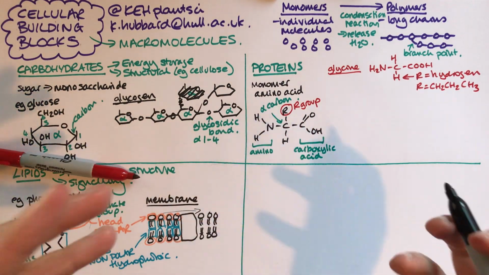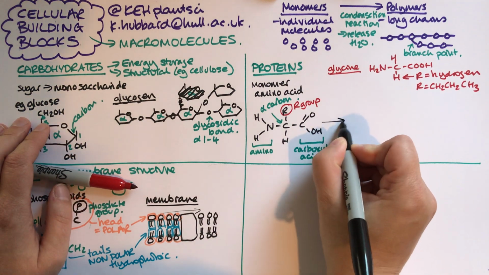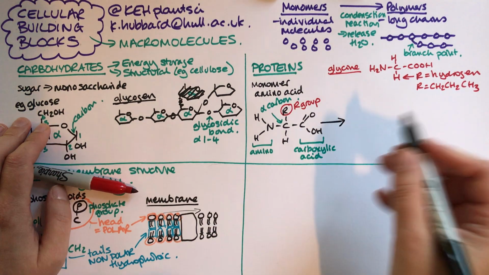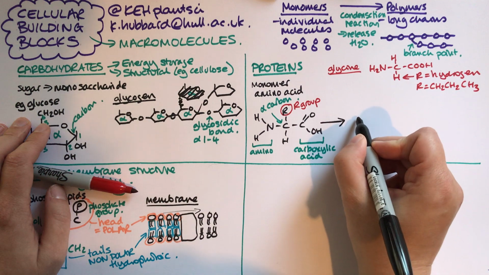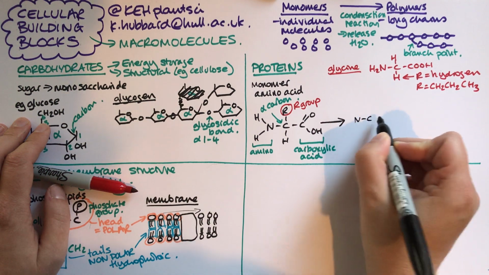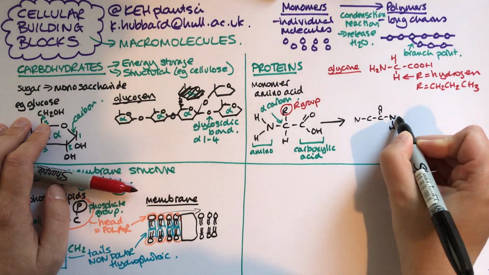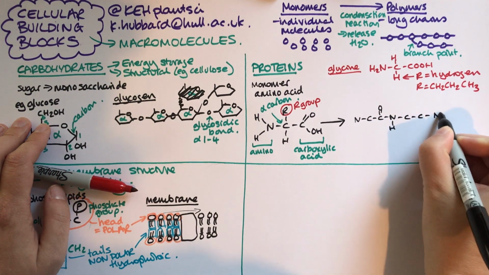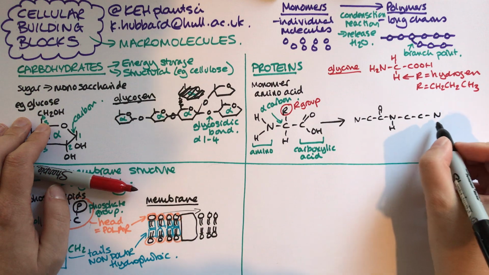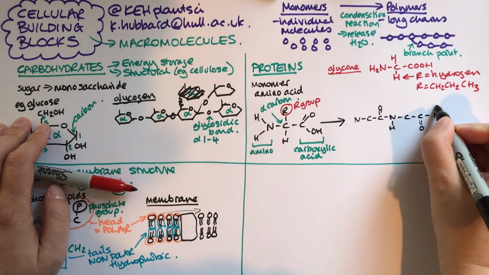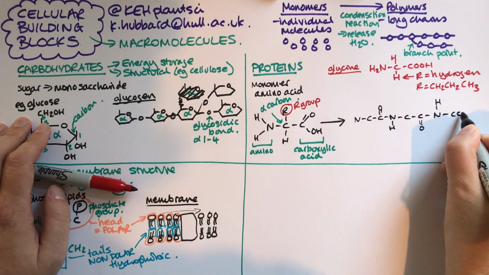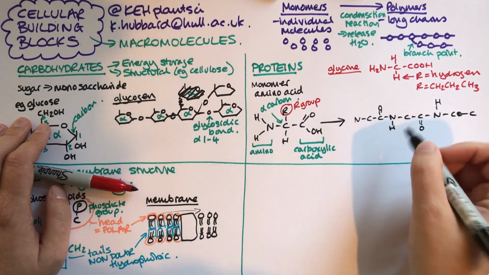These then come together and form a polymer, and when they do, it looks like this. So we have N, C, C double bond O, N, H, C, C, N. So that would go that way, that would go that way, and so on and so forth.